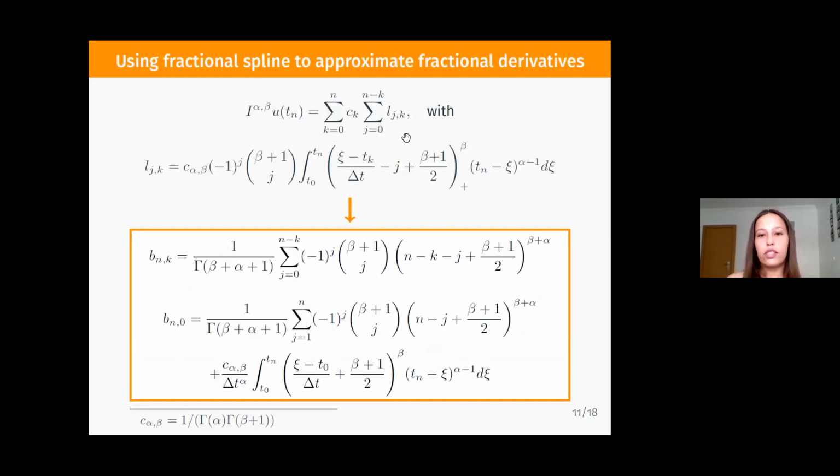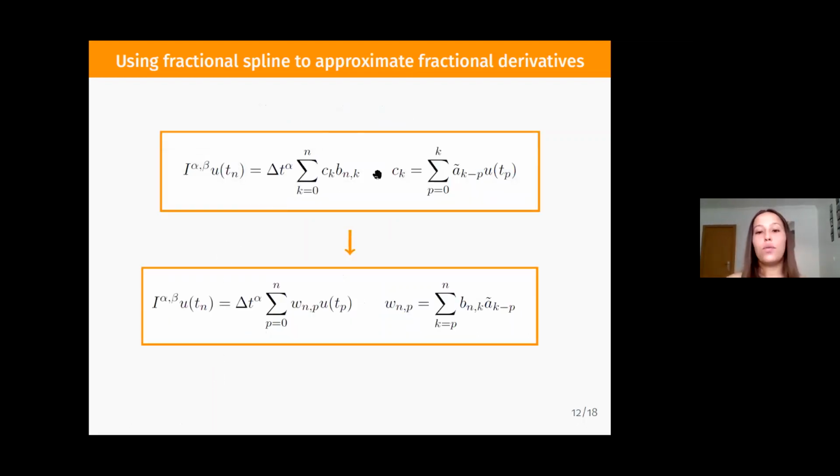Then our approximation, it's not yet the approximation, but it can be seen like this. And L_jk includes this integral that has just two polynomials, and it can be computed by a formula. We just have to pay close attention to B and 0 because it's a more delicate case, and we use an approximation to compute this integral.